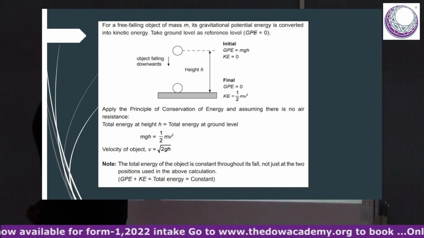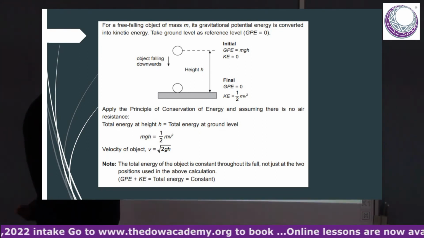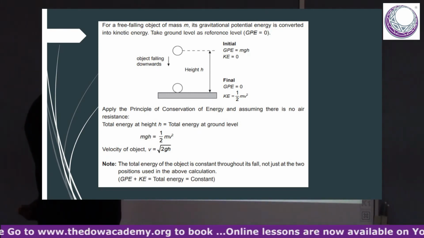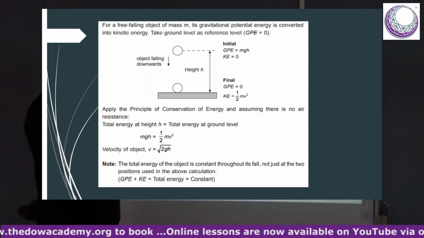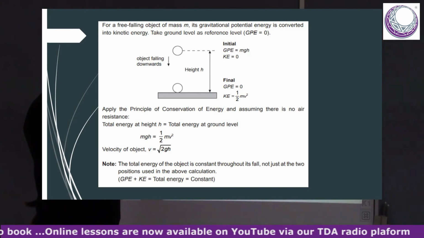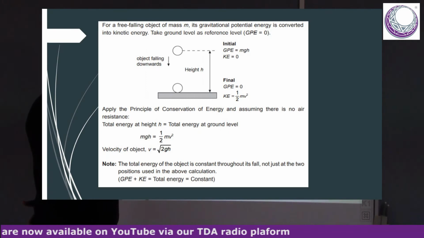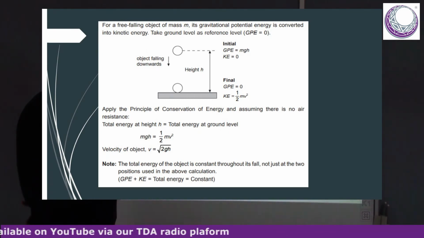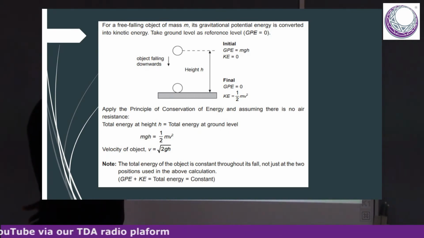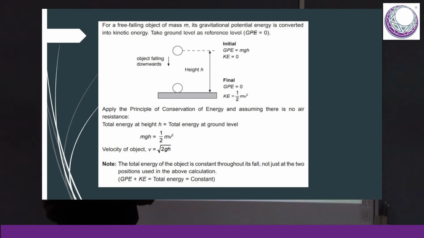If we add these, the total is always 100 joules if it is an example of 100. Let's say we started with 100, it means here we also have 100 but in different forms. Maybe 50 g.p.e, 50 ke. Then here we have full ke, which is 100, and g.p.e 0. So we can apply the principle of conservation of energy in calculations. Let's move on.